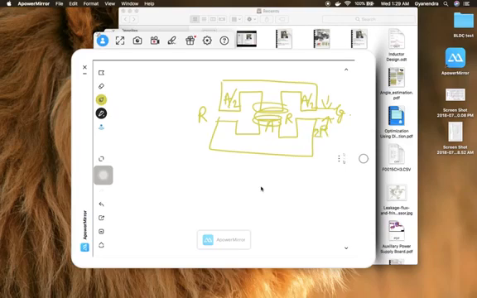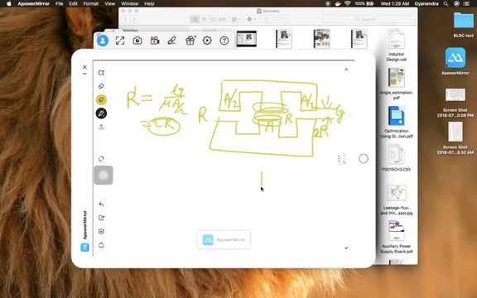So this reluctance will be 2 times R. Why 2 times R? Because the reluctance is given by L by mu A. L is the same in all the cases, but the cross-sectional area is half there, so it will become 2R. So this reluctance here is nothing but twice the reluctance here.